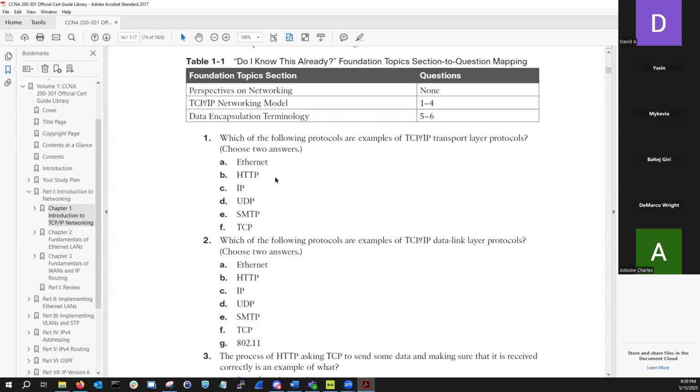Because UDP is a connectionless transportation type. I guess it's a connectionless protocol, so there's no need for two-way communication from the server.